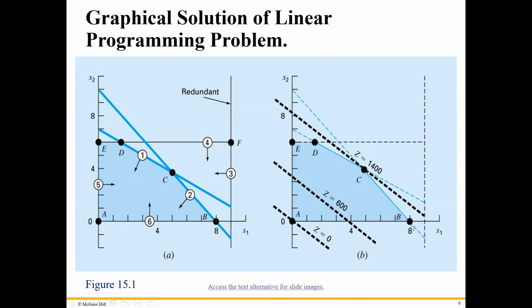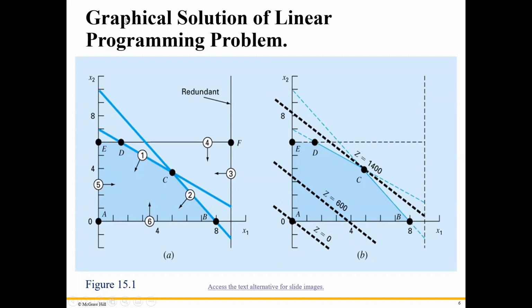And then we also found that the optimized solution is found at the corners of the shape which results. So for example, here in the case of this graphical solution, the optimized solution is at this point C.